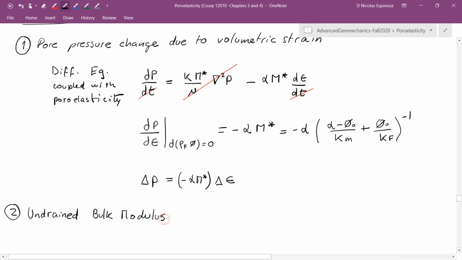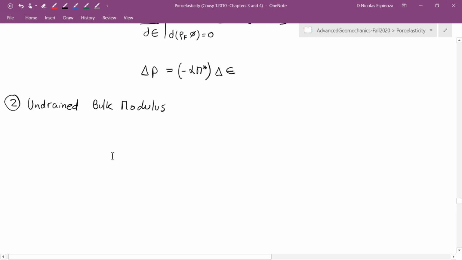So far, when we referred to the bulk modulus of a porous solid, we were using, sometimes without knowing, the drained bulk modulus or the dry bulk modulus, which is the change of mean stress that I need per unit of change of volumetric strain in order to cause such deformation.